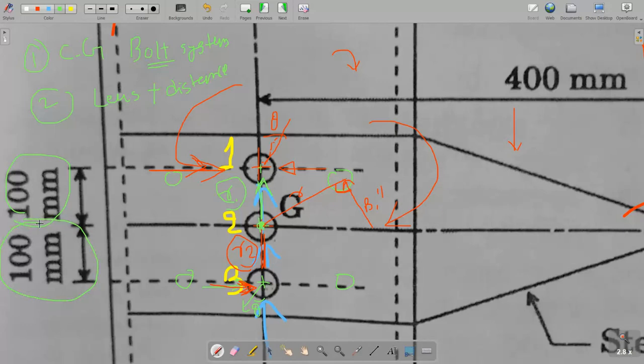If the distance is not given, or the outer dimension is given, we will solve that in upcoming lectures, which contain some more complexity. Find out the radius, the least distance, or R1, then find out the direction of the secondary force.